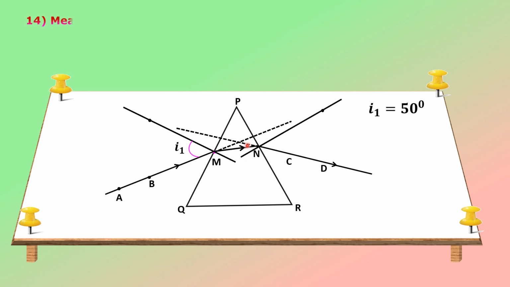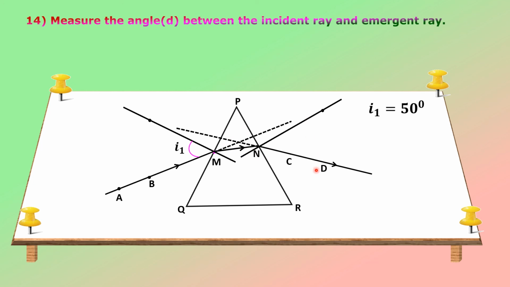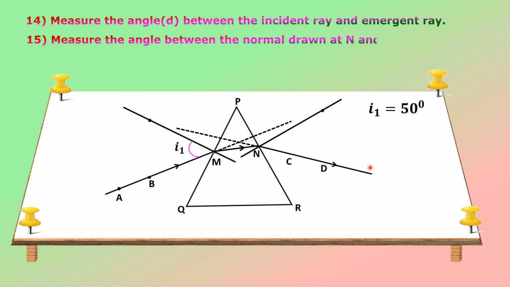Let us measure both angles. Measure the angle D between the incident and the emergent ray. Similarly, we have to measure the angle between the normal drawn at N and the emergent ray.